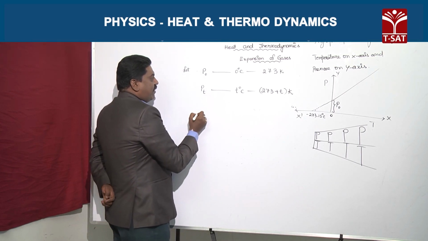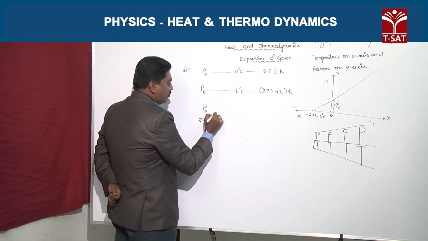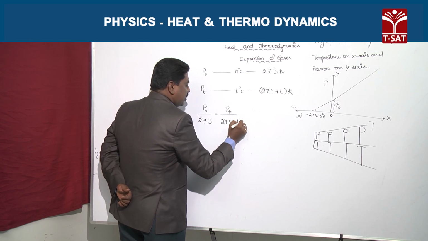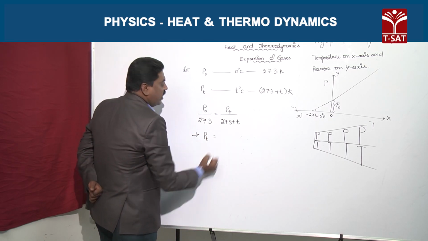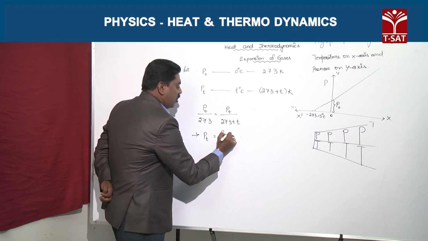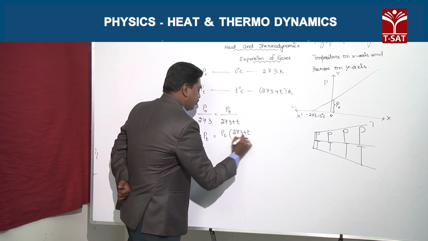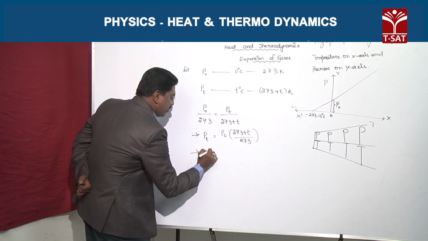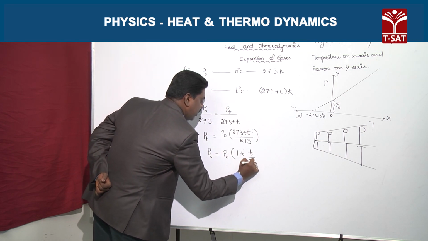From the law, P0 by 273 is equal to Pt by 273 plus T. This I can write as Pt is equal to P0 into 273 plus T by 273, and Pt is given as P0 into 1 plus T by 273.